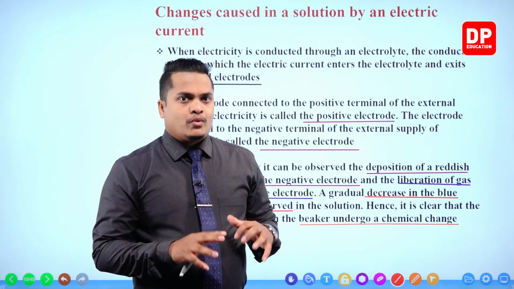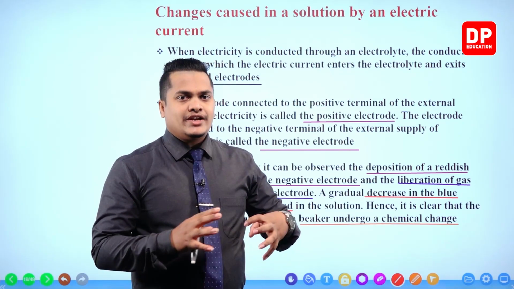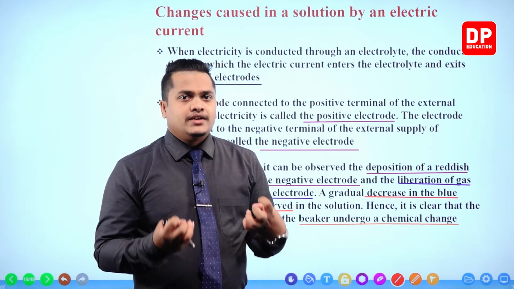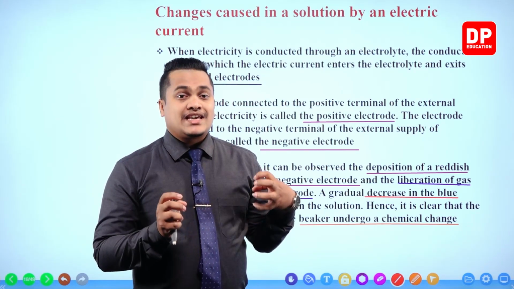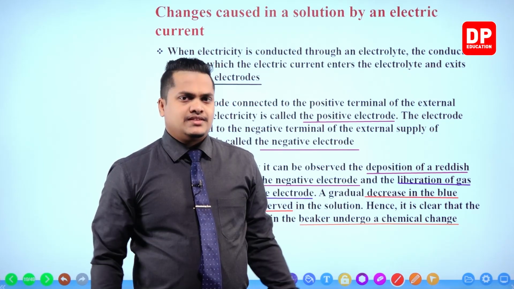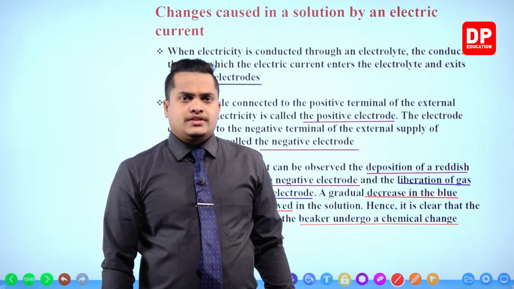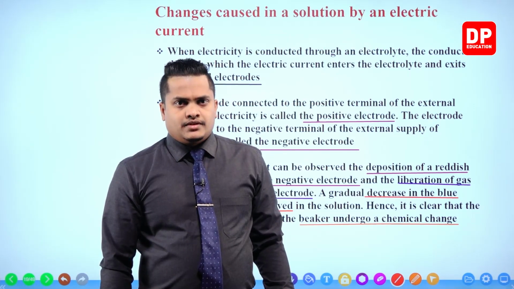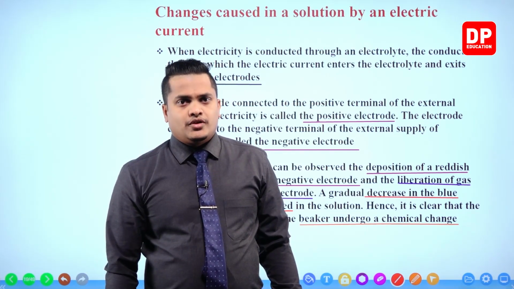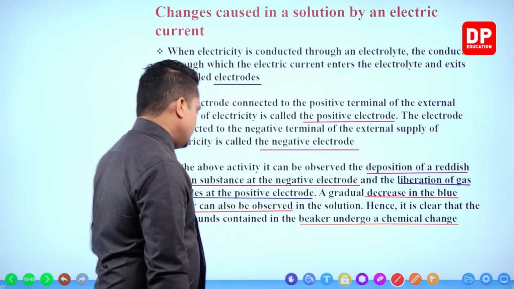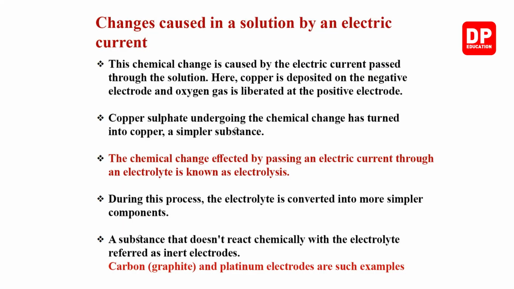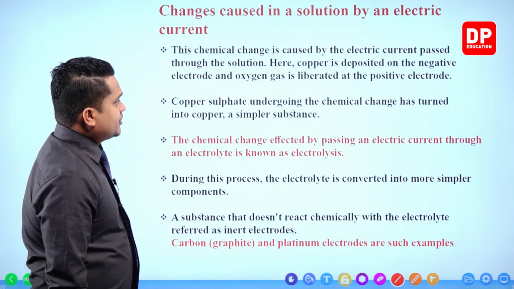When providing electricity to an electrolyte, we can result in a chemical change or else a chemical reaction, my dear children. This is the first and foremost observation that you can take when providing electricity to an electrolyte. The result is a chemical change or else a chemical reaction. So this chemical change is caused by the electric current passed through the solution.